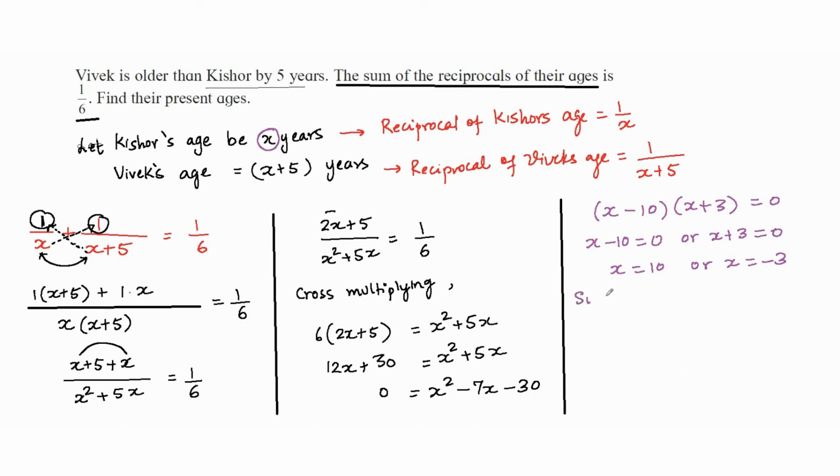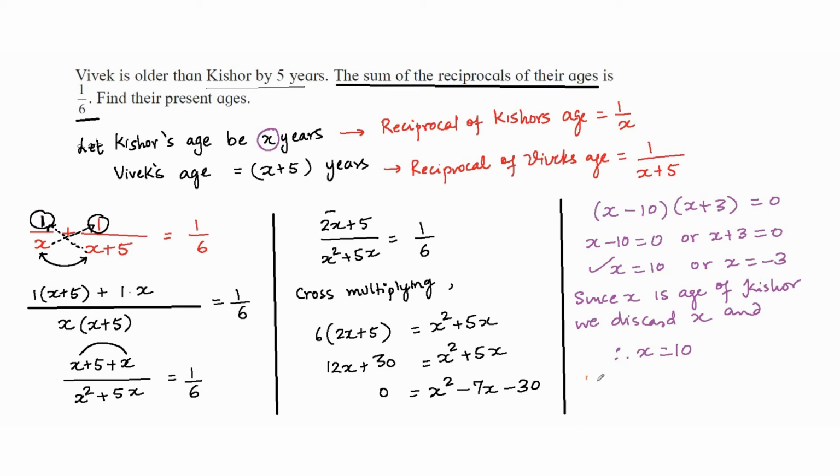So since x is the age of Kishore, we discard x equals negative 3, and therefore x is equal to 10. That's the acceptable solution. We have to find their present ages.